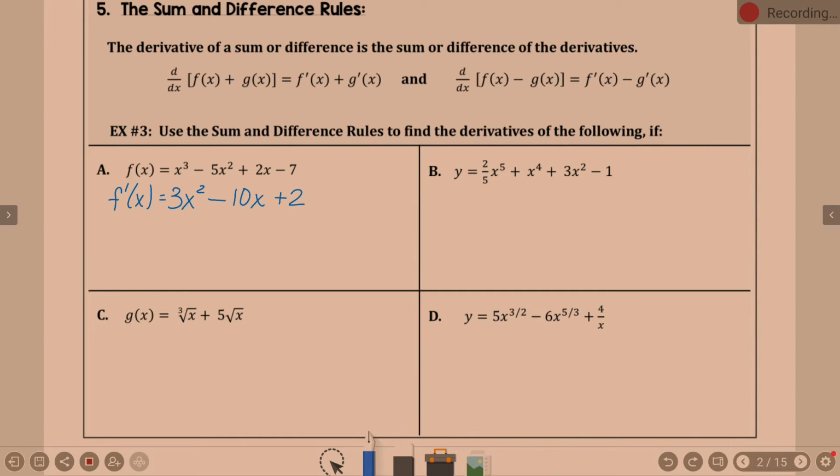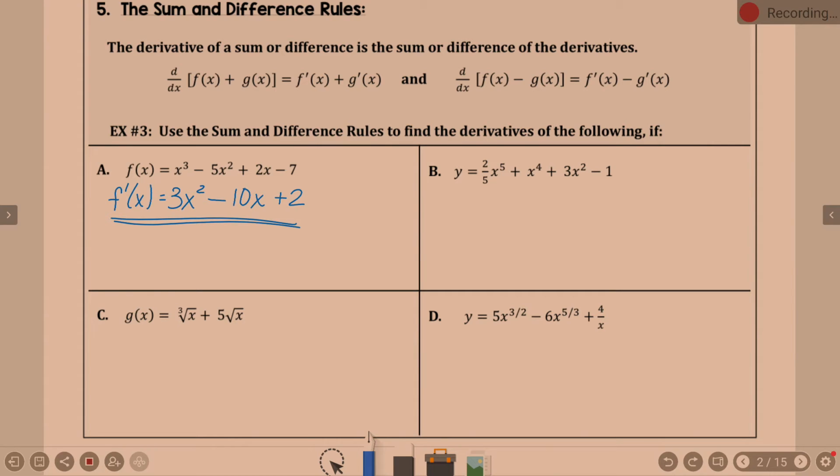So an x term will always go to a constant. And what's the derivative of minus 7? 0. There is no x, and so a constant just disappears. There's no further to go. So your answer is right here. Okay? So much better than the definition of derivative. It really is once you get it all straightened out.